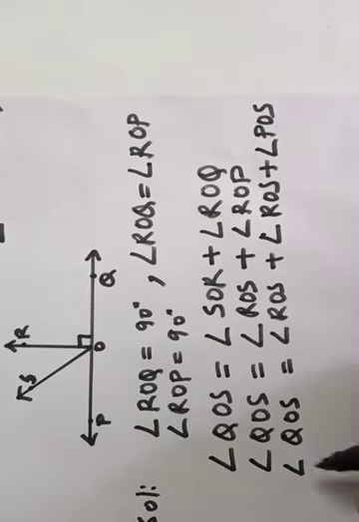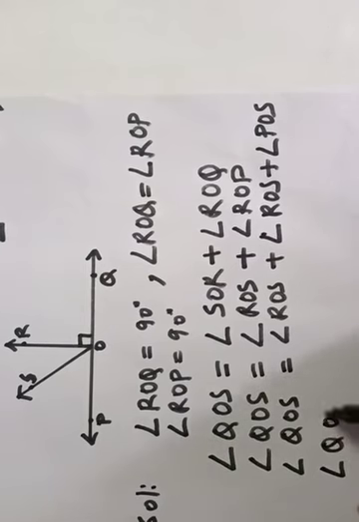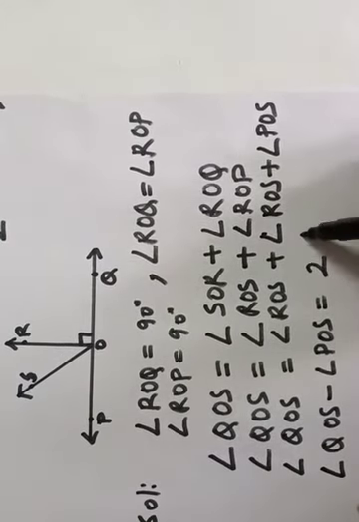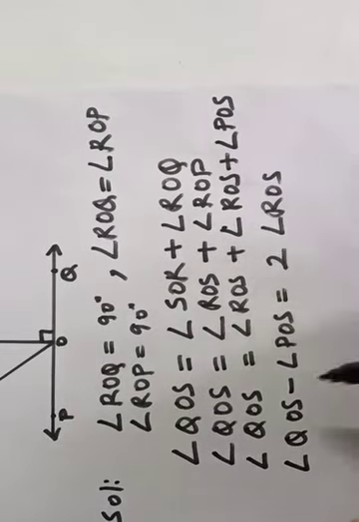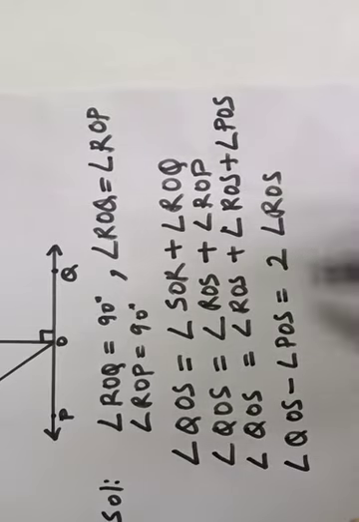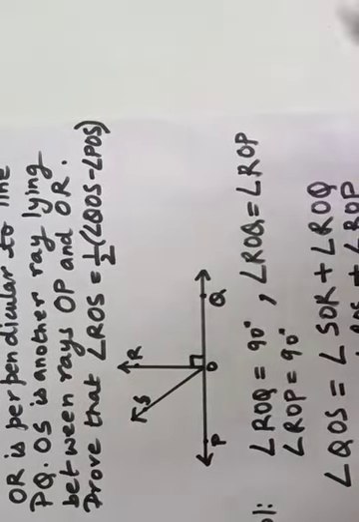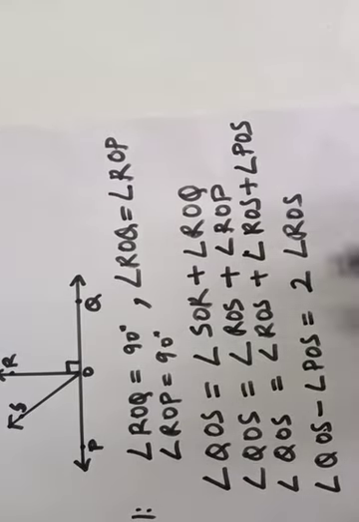Now take this angle POS to the left hand side. Angle QOS minus angle POS is equal to twice of angle ROS. These two angles are twice, and hence we have got the proof. We will take this angle ROS to the left hand side because we need it there, and take the other to the right hand side.